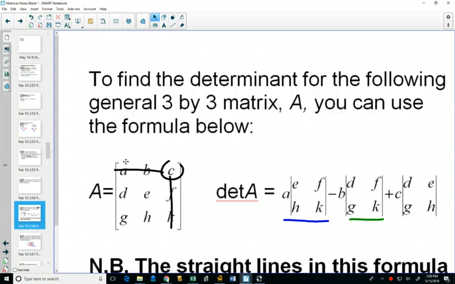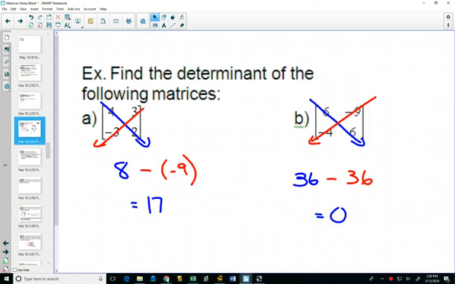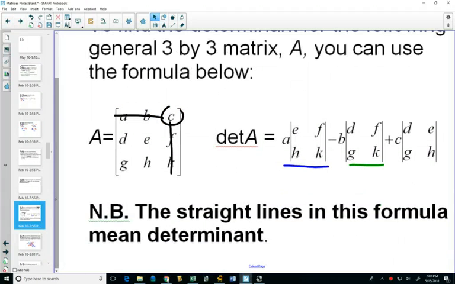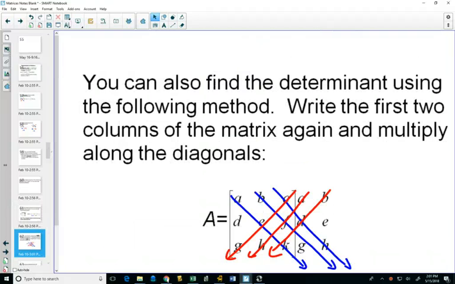Now, if you extend what we did with the arrows for our 2x2, you know how I did this positive and negative? If you extend that to our 3x3, you can use this as a shortcut.